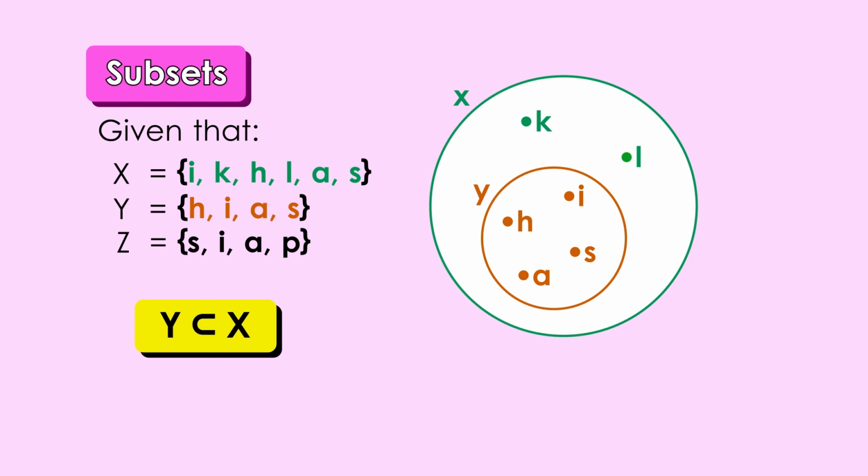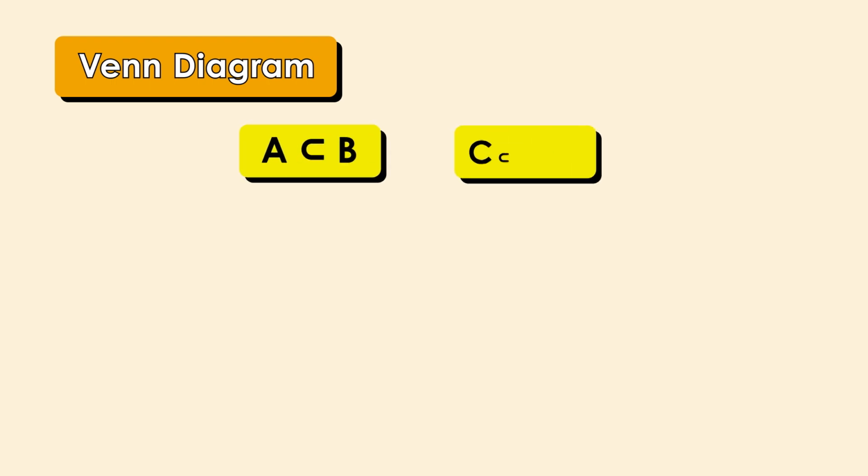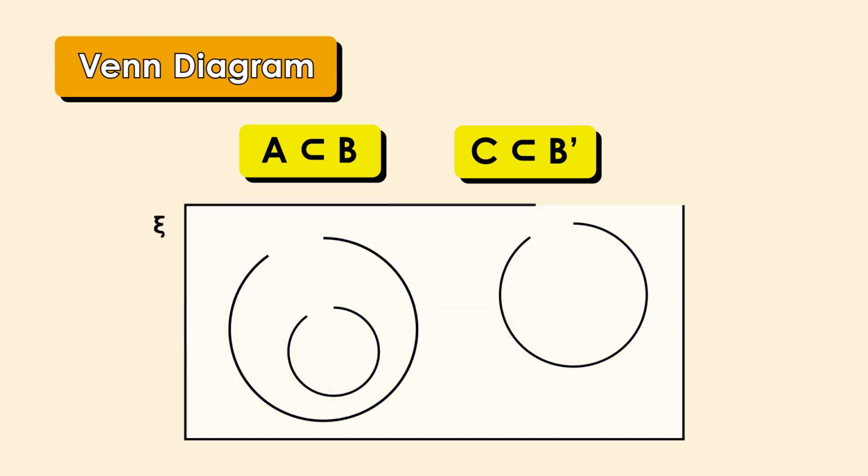So pupils, Venn diagrams can be used to represent the relations between universal set, sets, subsets, and the complement of a set. For example, the relationship A subset B and C subset B prime can be shown in the following Venn diagram.